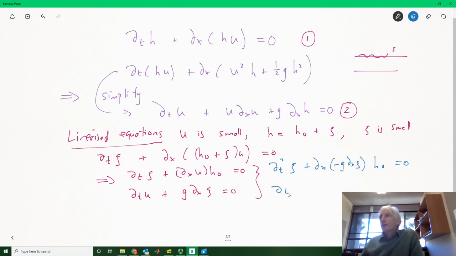So I get dt squared zeta minus g h naught dx squared zeta equals 0.